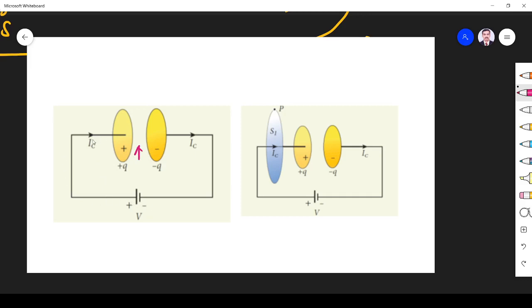When current flows through, this is a conductor. We know a capacitor is a conductor separated by a dielectric. So the current flowing through the conductor is Jc. Please understand, current flowing through a conductor is Jc.